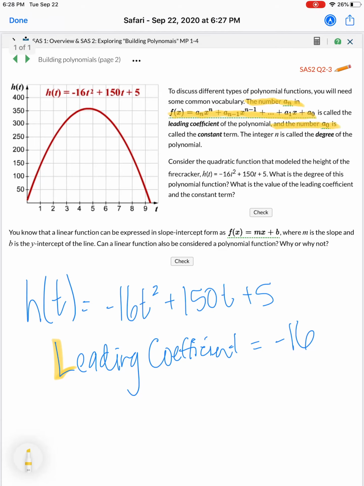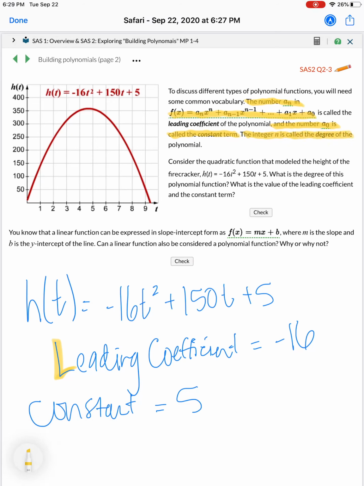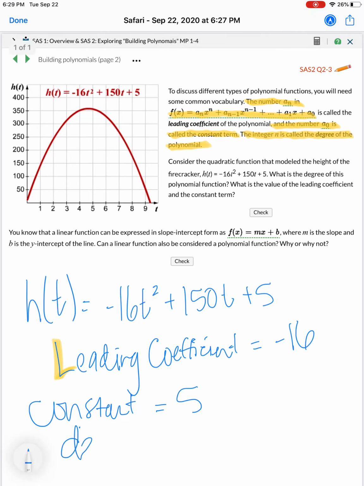All right, then it talks about the number A0 is called the constant term. So the constant term in h of t is 5, and we know that is a constant because it does not have a letter attached. Okay? And then the integer n is called the degree of the polynomial, or also known as the power.